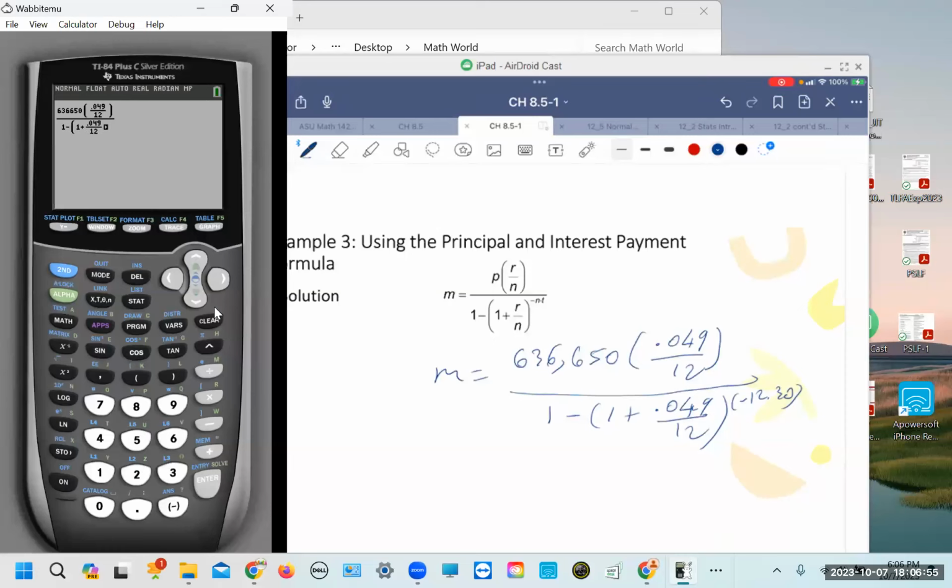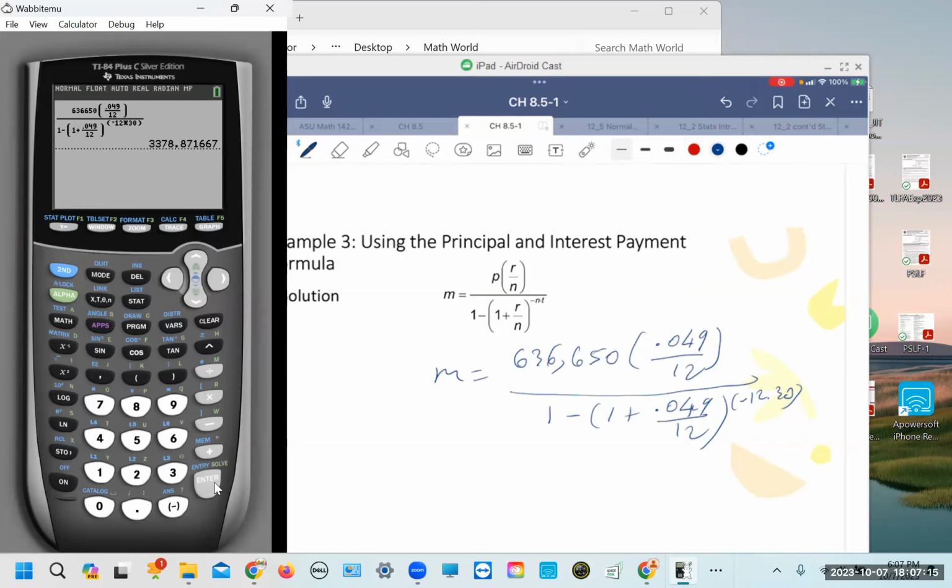Then I move out and close this, and this one is my exponent, so minus 12 times 30, close it, and just make sure.